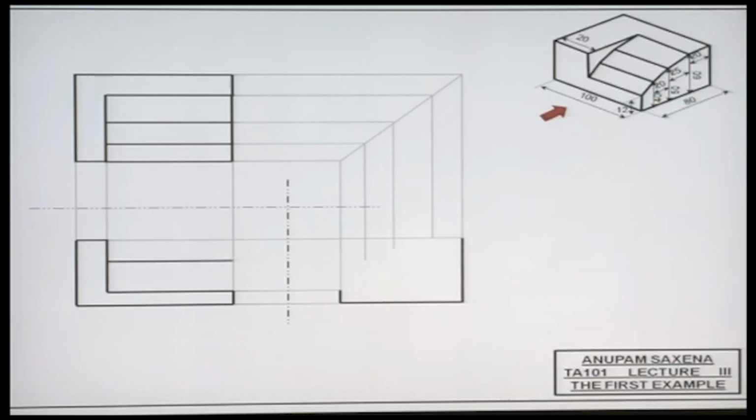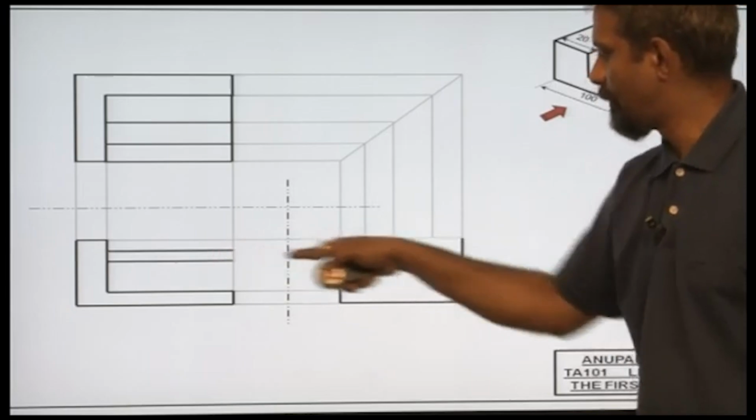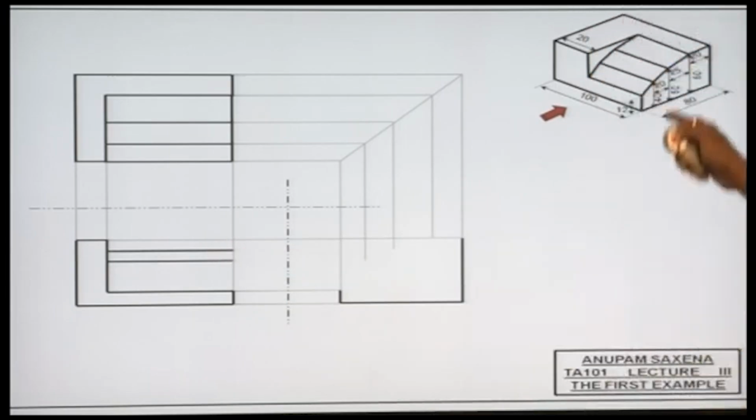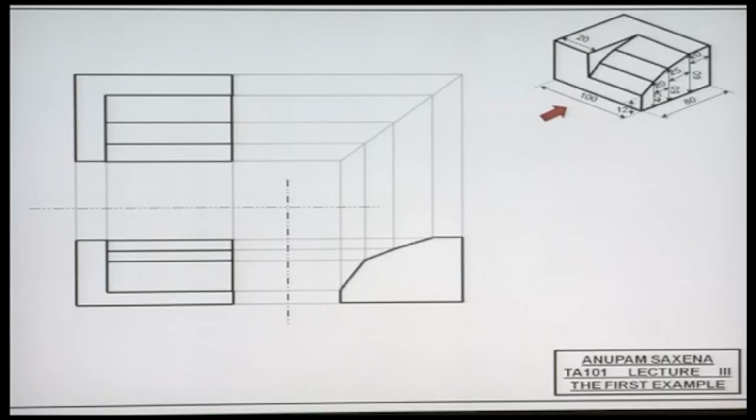Correspondingly, I'll go to the front view and draw these lines. Finish the vertical edge, which would correspond to this edge in the front view.